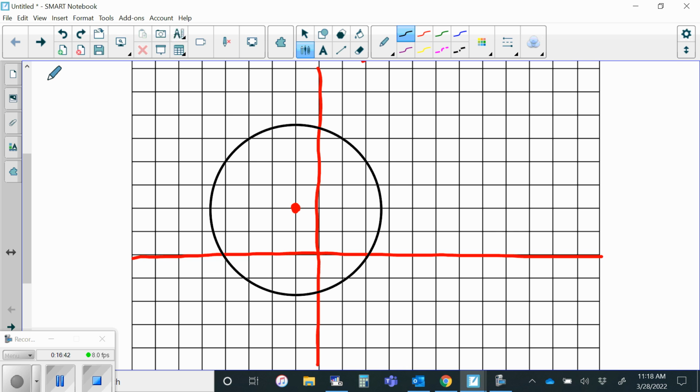What do I need first again? Okay, what's the center? -1, comma 2. Very good. There's the center. What's the radius?